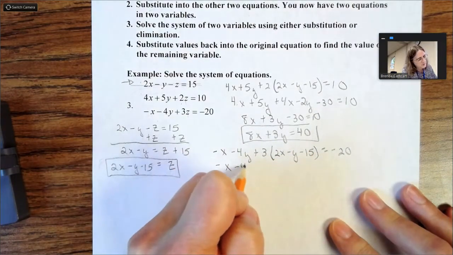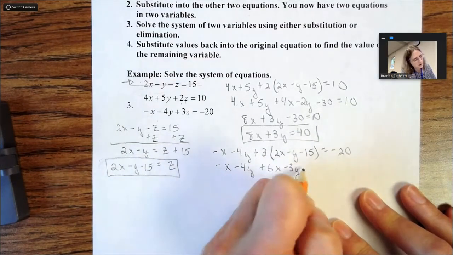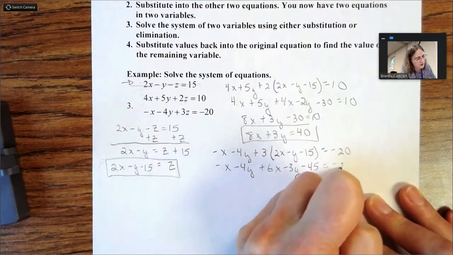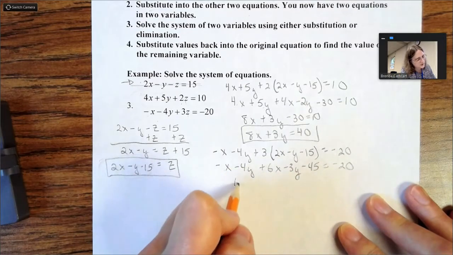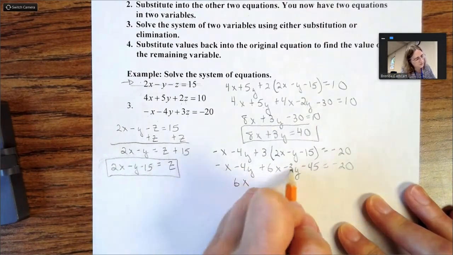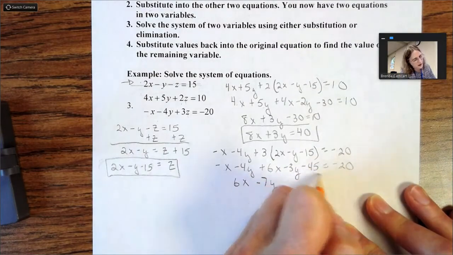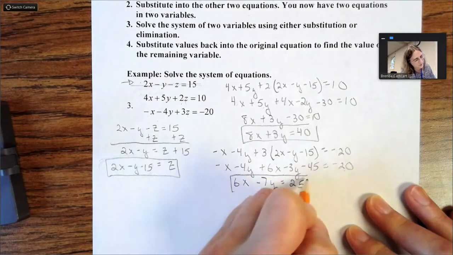Distributing, negative x minus 4y plus 6x minus 3y minus 45 equals negative 20. Combining like terms, we have negative x plus 6x is 5x, negative 4y and negative 3y is negative 7y, and adding 45 to both sides we have equals 25.